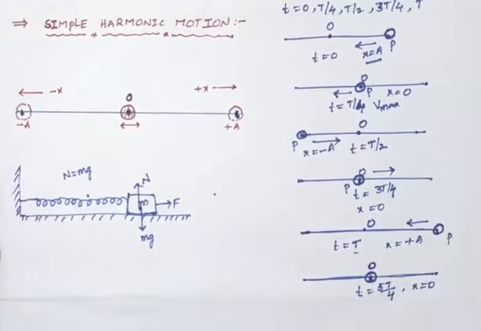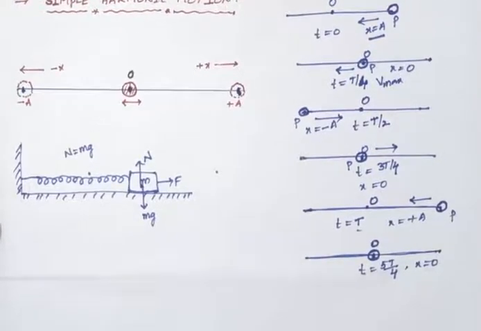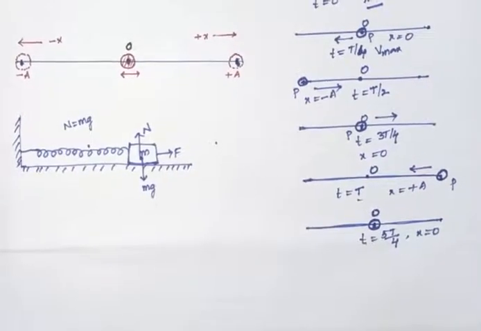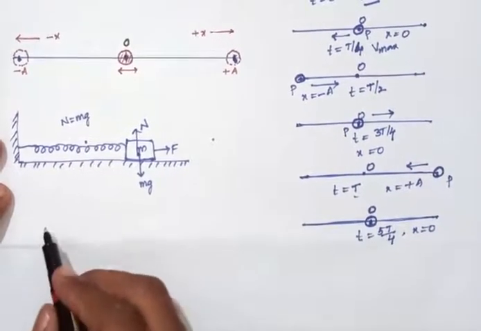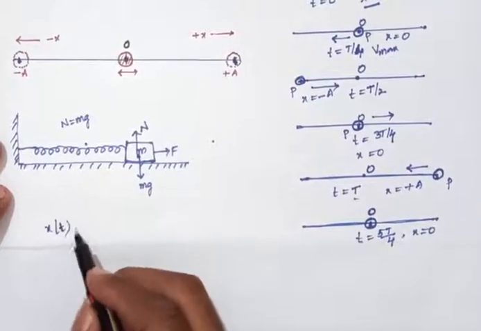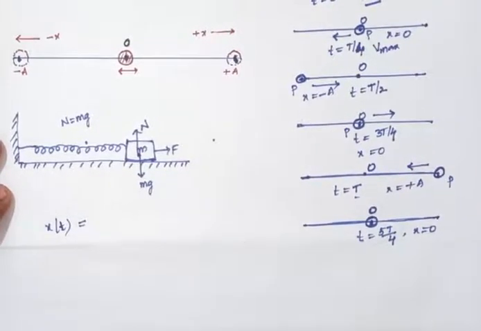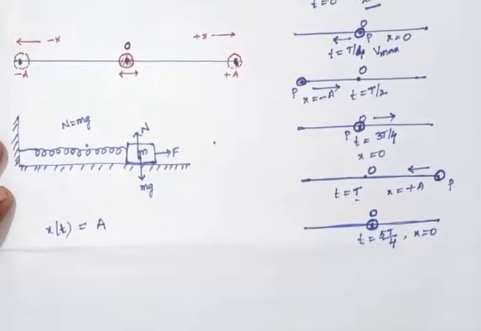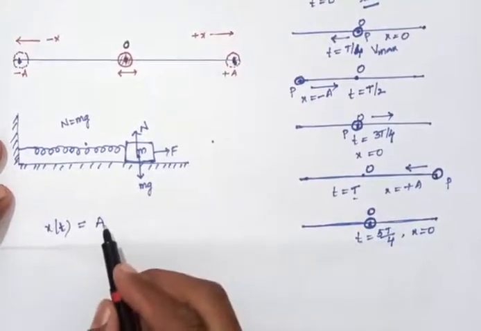In simple harmonic motion, we already discussed the equation along the x direction. That is x of t equals a cos(omega t plus phi), where the maximum displacement is called the amplitude a.